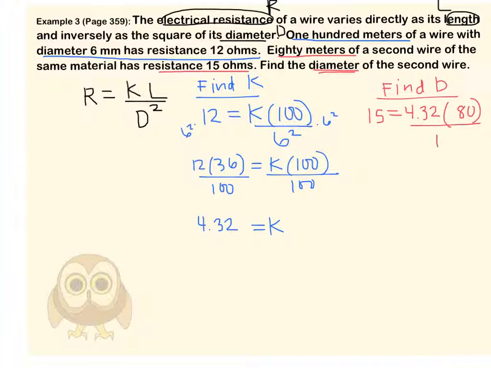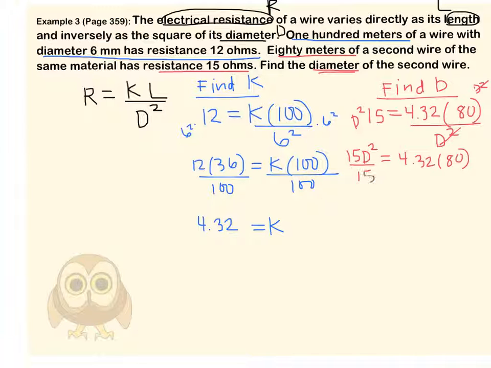And we're trying to solve for our D squared, or just our D. So first thing, to get that out of the denominator, I'm going to multiply by D squared on both sides. So 15D squared equals 4.32 times 80.